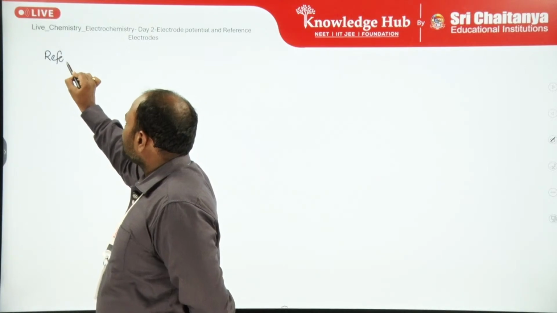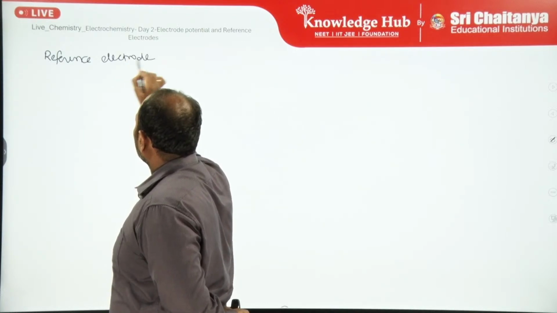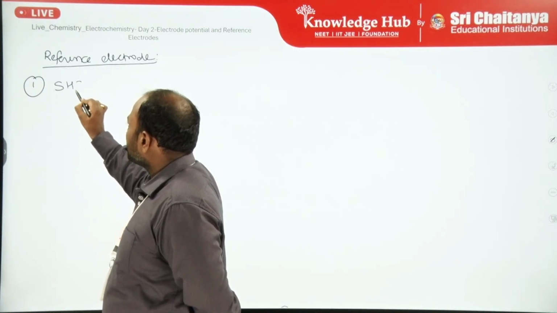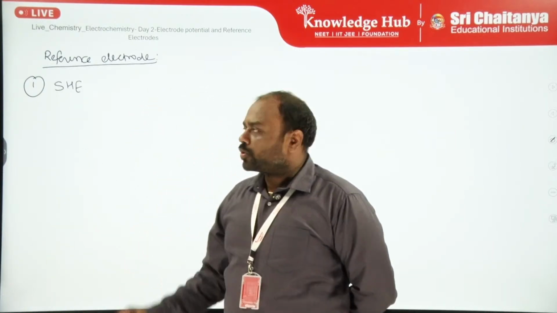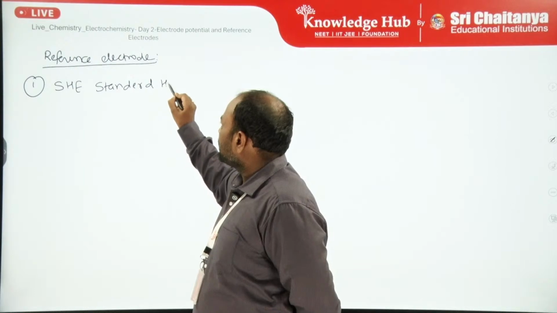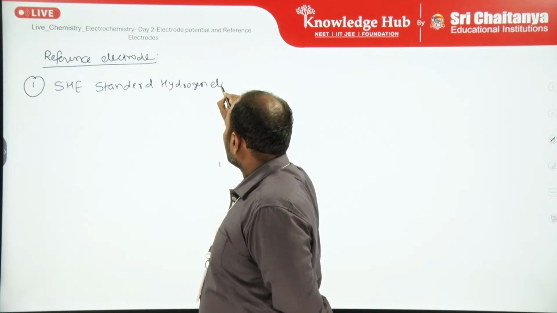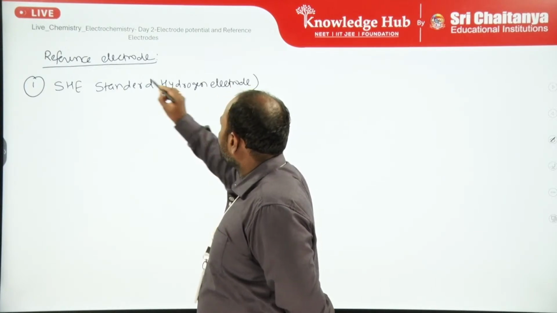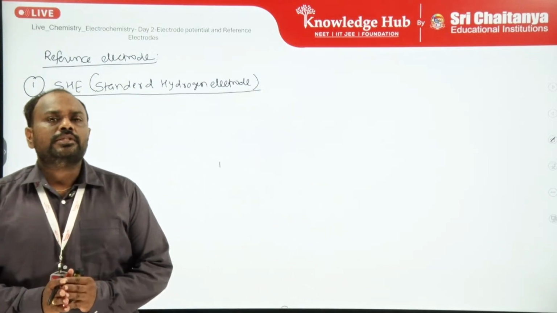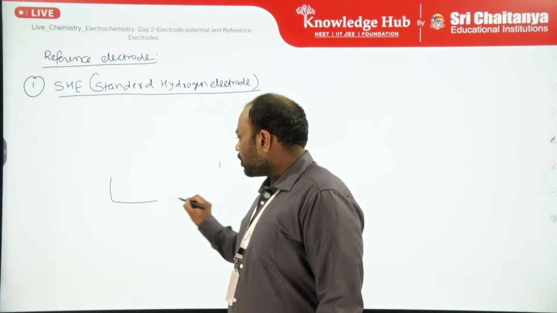So, the reference electrode example. For a reference electrode, what is the example? SHE, standard hydrogen electrode. So that means this one is one of the best reference electrodes we have. So in this one, what happens? See, this is an electrolytic cell.